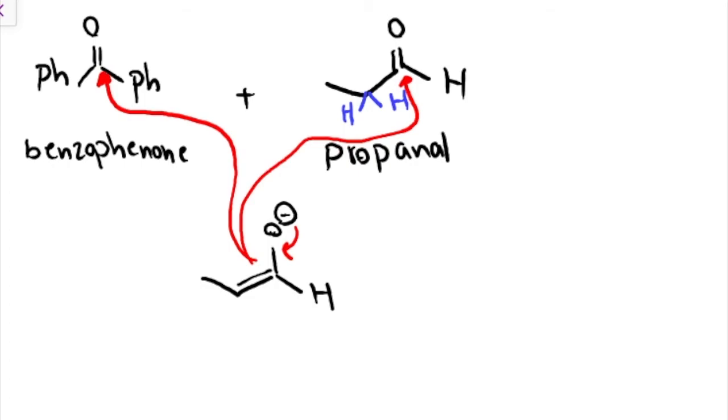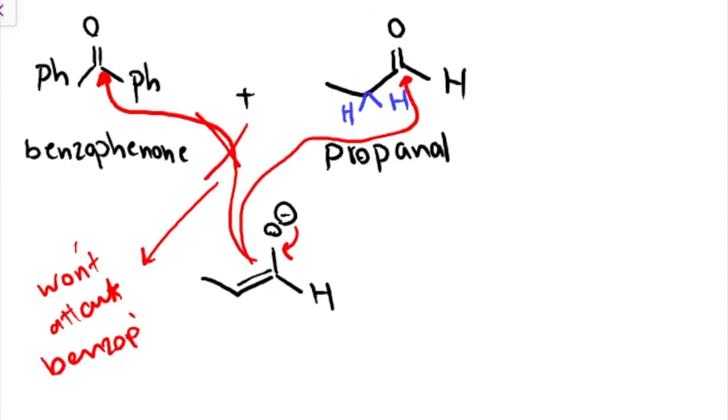So it turns out that the enolate will not attack the benzophenone. And the reason is that this is very hindered, it has 2 phenyl groups right here.